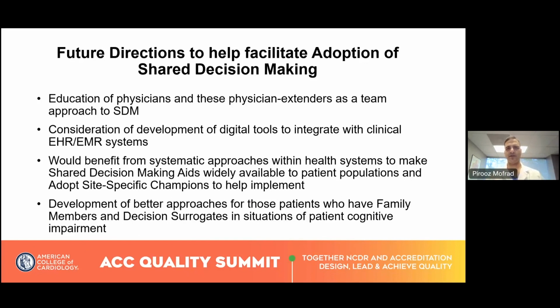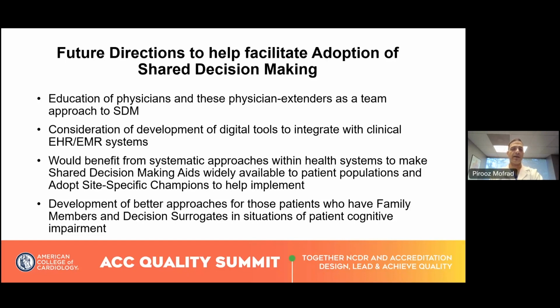This is actually a good slide, again, to go over about facilitating adoption of shared decision-making. So again, using a team approach is vital. I know some institutions are doing that already. It's easier for certain procedures versus others, such as TAVRs, left atrial appendage devices. So we're really talking about involving physician extenders, having physician champions at different sites that can help implement these tools and decision aids to help not just for documentation, but for discussion of the shared decision making, and help to integrate it into our EMR systems.